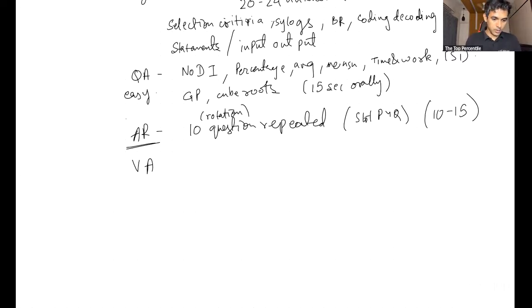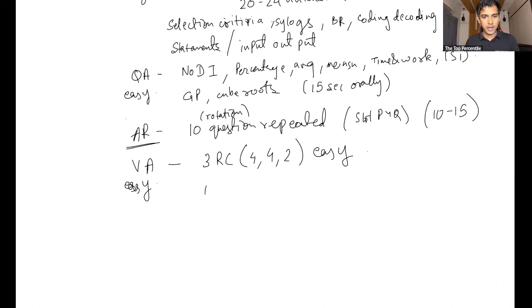Okay, for verbal, again, not very difficult, easy. There were 3 RCs, 4 questions, and 2 questions each. They were easy to solve, easy to read as well. Arranging paragraph, that is parajumbles, were around 7.